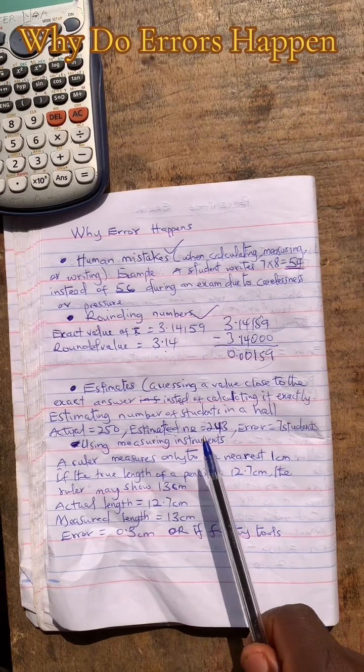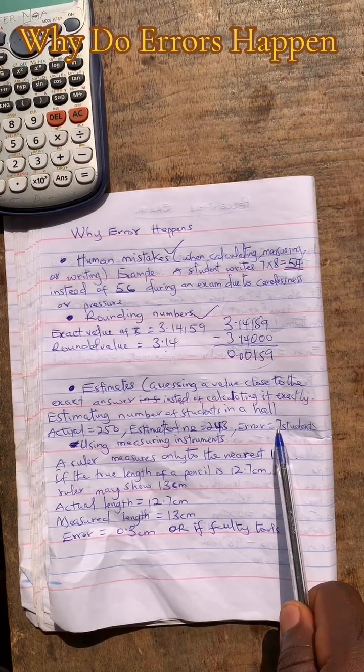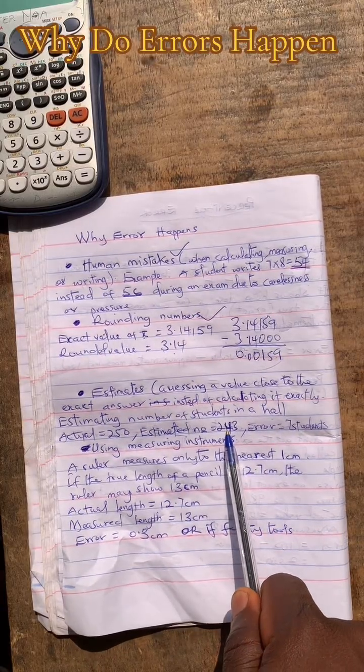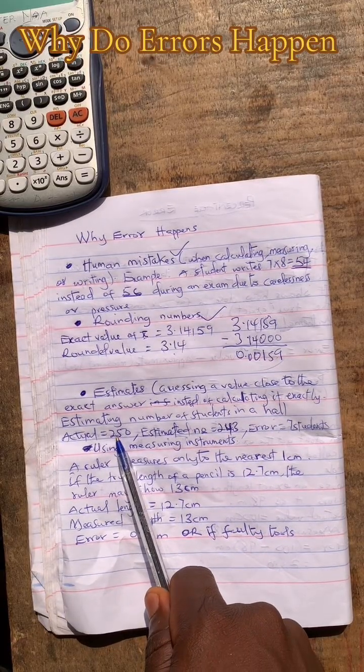In this case, the error made by that person is 7 students, by deducting 243 from 250.